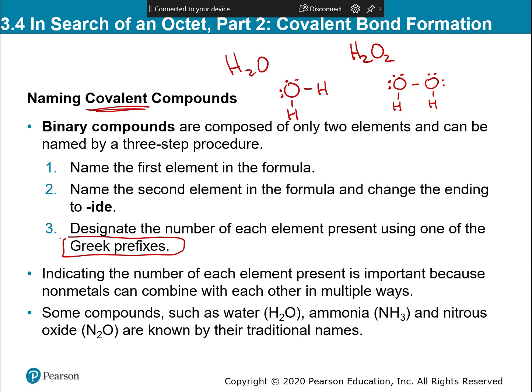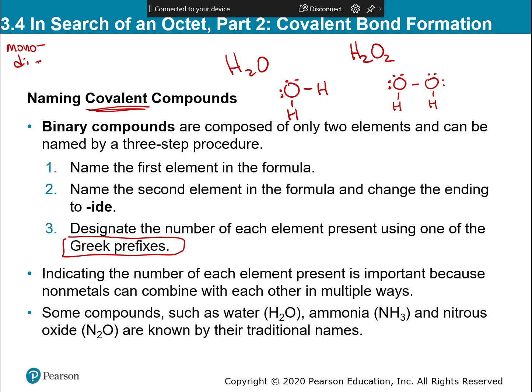So we have to add numbers to show in a formula how many of each atom there is. If you have 1, you use the term mono. If you have 2, you use the term di. Just knowing that, we can name these 2 molecules and see that they have different names.